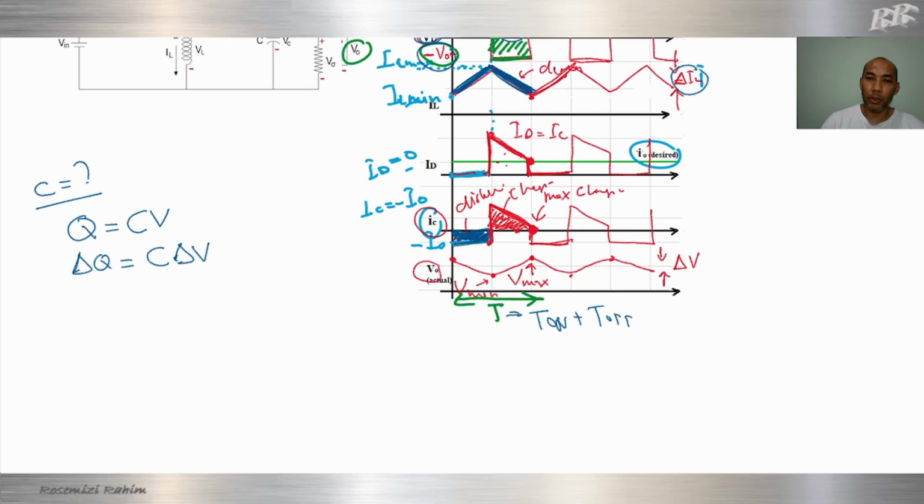What is the discharging time? It is equal to this area. This area is equal to I naught times T on.